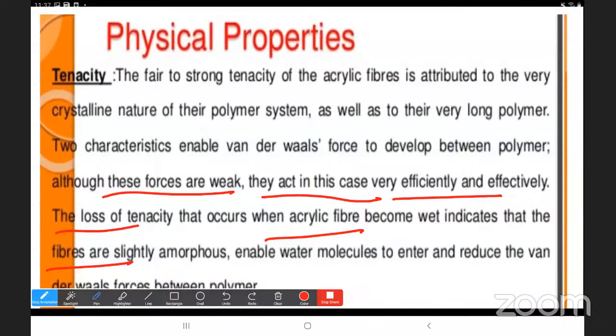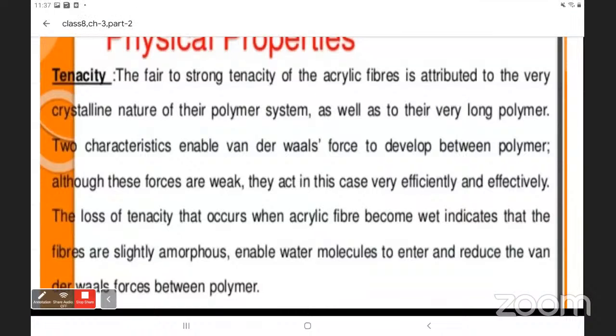So when these fibers are slightly amorphous, when they lose the tenacity, they enable water molecules to enter and reduce the van der Waals forces between polymers.